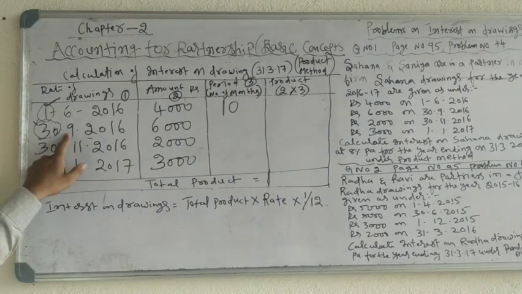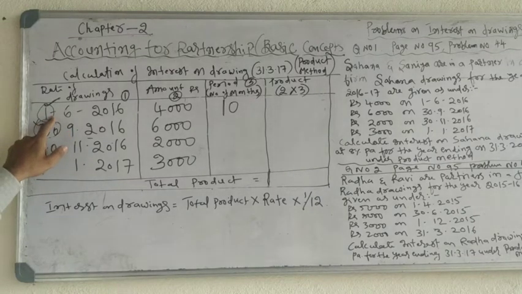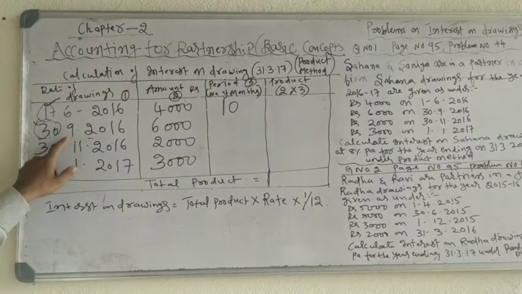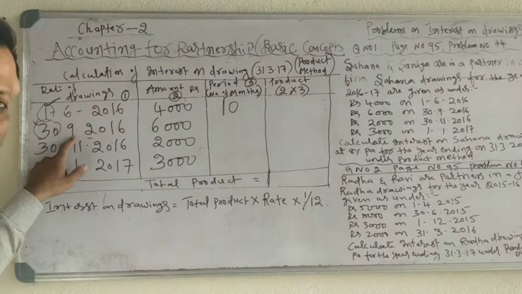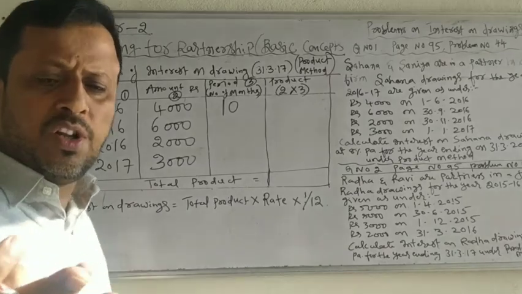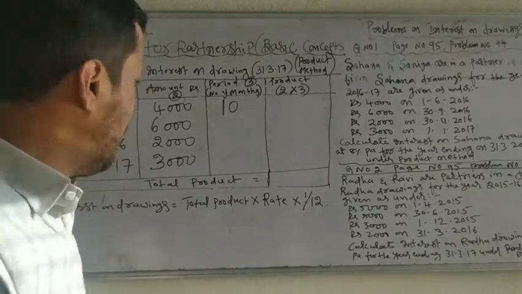When it is the first of the month, count from the same month. When it is the last day of the month, count from the next month. See, 30th September, don't take September. Count from October: October, November, December, January, February, March. 6 months.